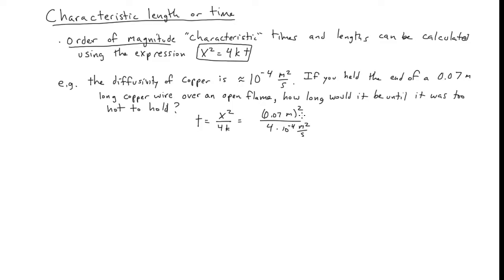You can see that the meters squared cancel and we're left with seconds. If we put that in the calculator, you get about 12.3 seconds. And it turned out to be remarkably close when we did this demonstration in class.